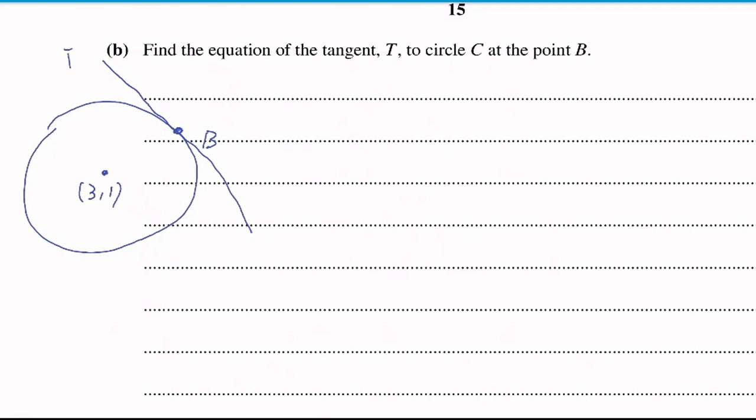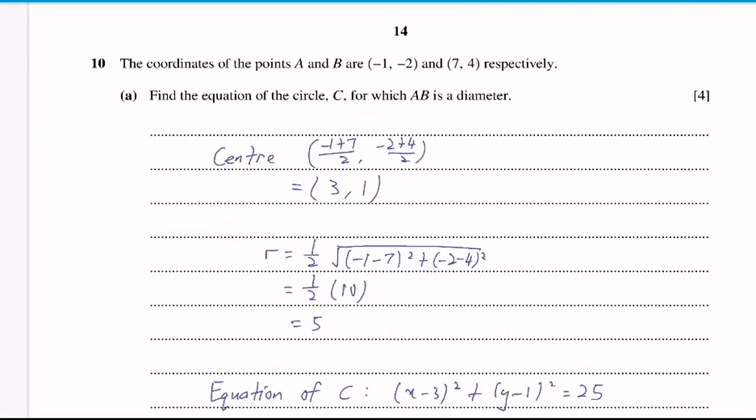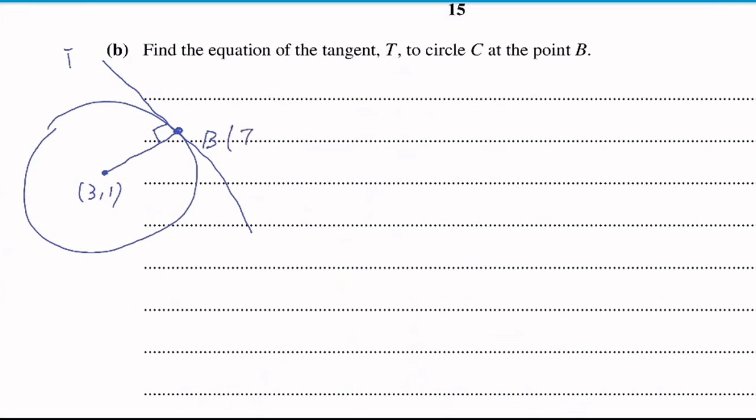So this is the point (3,1), and this is the point B here. We are supposed to find this tangent t here. For the tangent, we want to find the perpendicular to the radius. The tangent is perpendicular to the radius, and we know that the point B is (7,4). So we can find the gradient of the radius from the center to the point B, using y2 minus y1 divided by x2 minus x1.